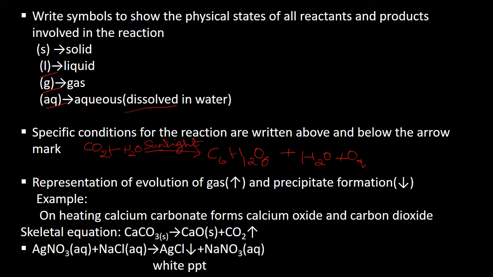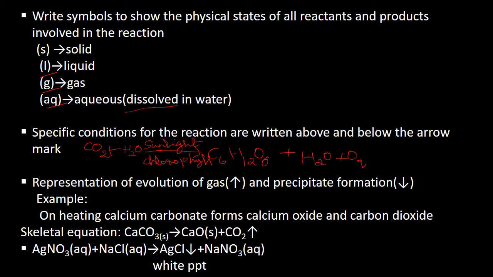So these are the specific conditions for the reaction. The reaction will occur only in the presence of sunlight and chlorophyll. The specific conditions for the reaction to happen are always mentioned above and below the arrow mark.